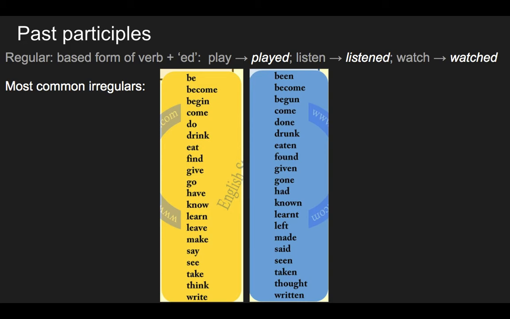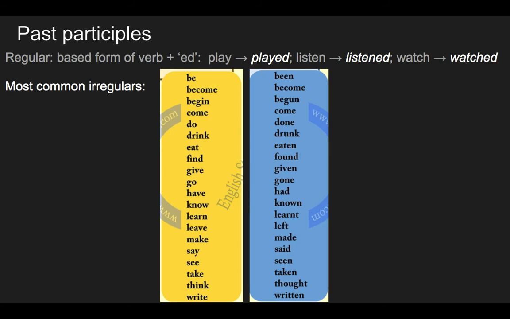Learn, learnt. Leave, left. Make, made. So you notice some are the same as past simple, but some are different. Say, said. See, seen. So we know that the past simple of to see is saw. I saw my friend. I have seen my friend. Take, taken.